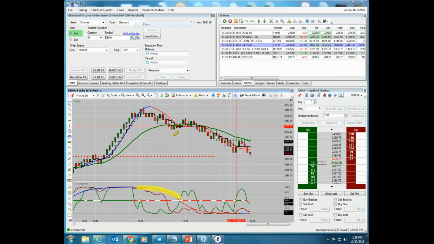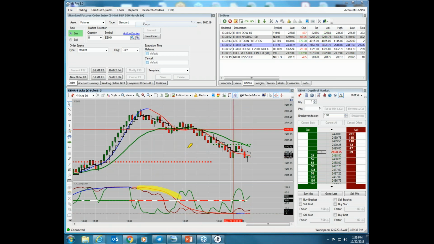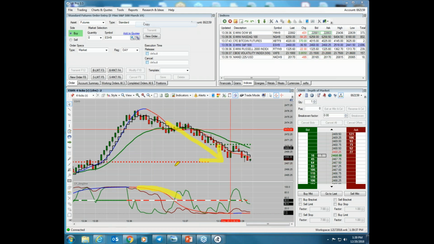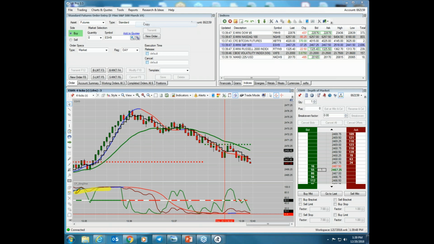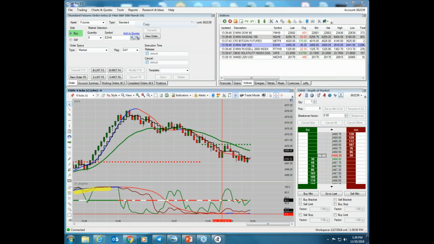We want to stay away from the long side. What this is implying is that the market is going to do exactly what it's doing. It's going to go down. Again, as I said earlier, the ideal setup is we want everything to be the same color. So we want that cycle to be blue, and ideally we'd want a very good slope to it.